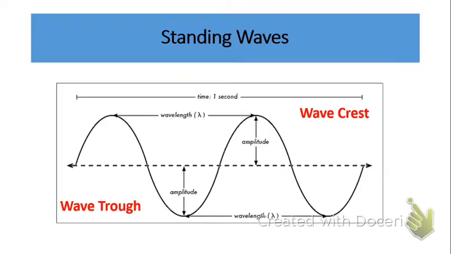So for instance, if we go back to our diagram again, we can see that from this crest to this wave crest, this distance here is known as the wavelength. The symbol for wavelength is a Greek letter called lambda, and it looks like a weird wishbone or upside down Y, and that is lambda.